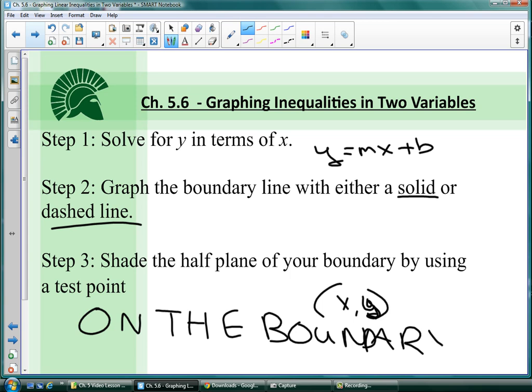Boundary with a D. Okay? Cannot be. And that's just to allow us to remember that when we're really looking at a boundary line, that's where the dot is, or the line now that we're using 2 variables. We're on a coordinate plane with 2 number lines attached. And so we don't want to pick the boundary as what we're talking about. We want to look for the half plane so we know where to shade.